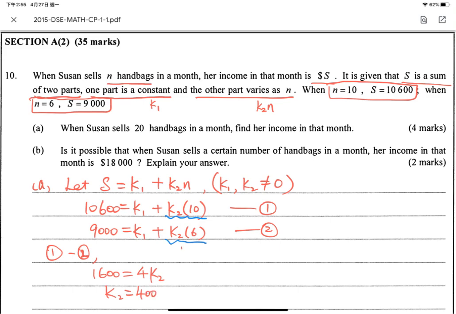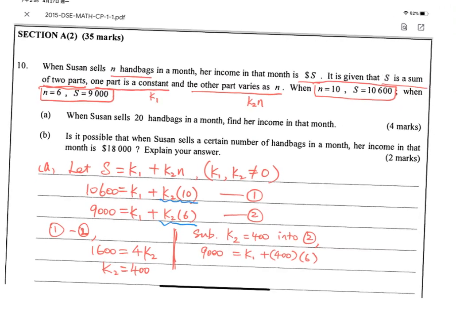So we get K2 equal to 400. After we get K2, then substitute K2 equal to 400 into equation 2, which is the number which is smaller. So we have 9,000 equal to K1 plus 400 times 6. 400 times 6 is 2,400.